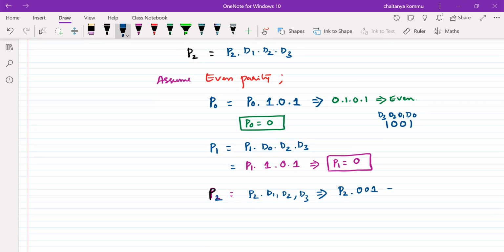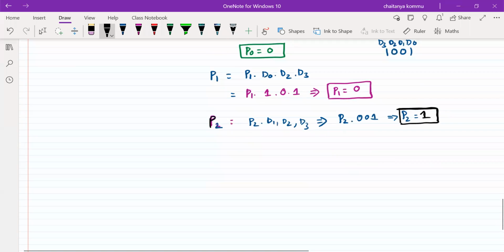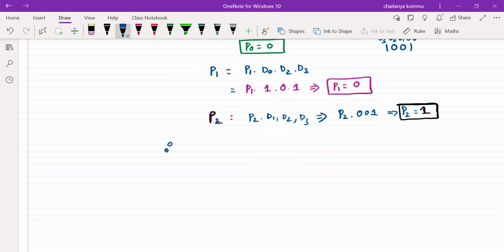So what is the value? P2 is equal to 1, right? So P2 must be equal to 1, because with only an odd number of ones available, I want to make it an even number by applying P2 as 1.